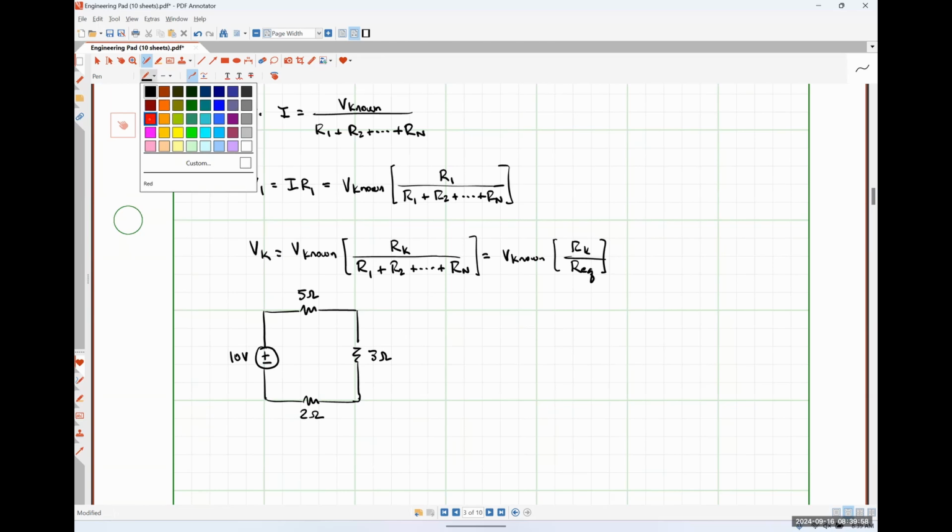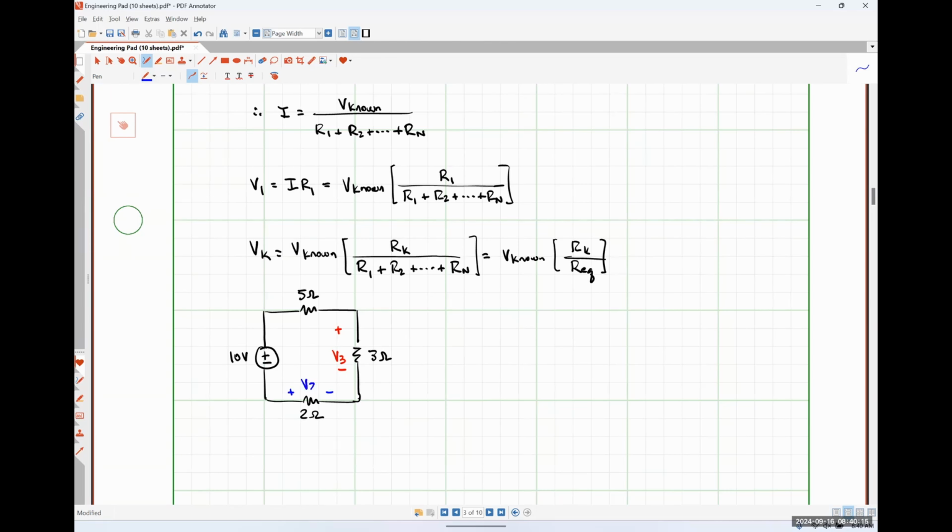And I want us to find the voltage drop across the 3-ohm resistor, positive polarity on top, and I want us to find the voltage drop across the 2-ohm resistor, positive polarity on the left. So let's start with this voltage V3.